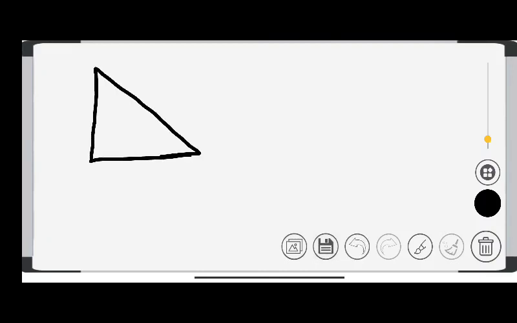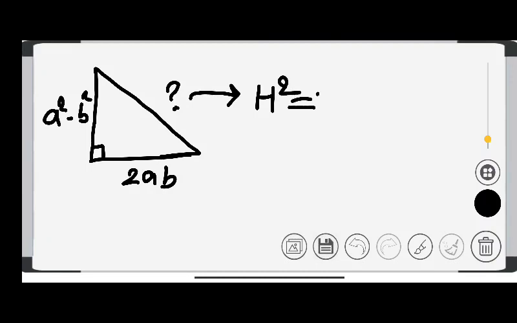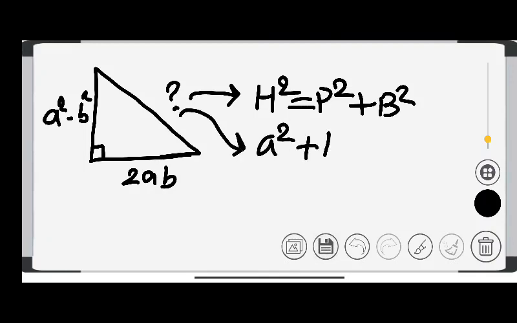Let's start with another example in algebraic form: a square minus b square, 2ab. Then what is this? If you don't know, you have to apply the Pythagoras theorem. If you have remembered this triplet, you can write directly a square plus b square.